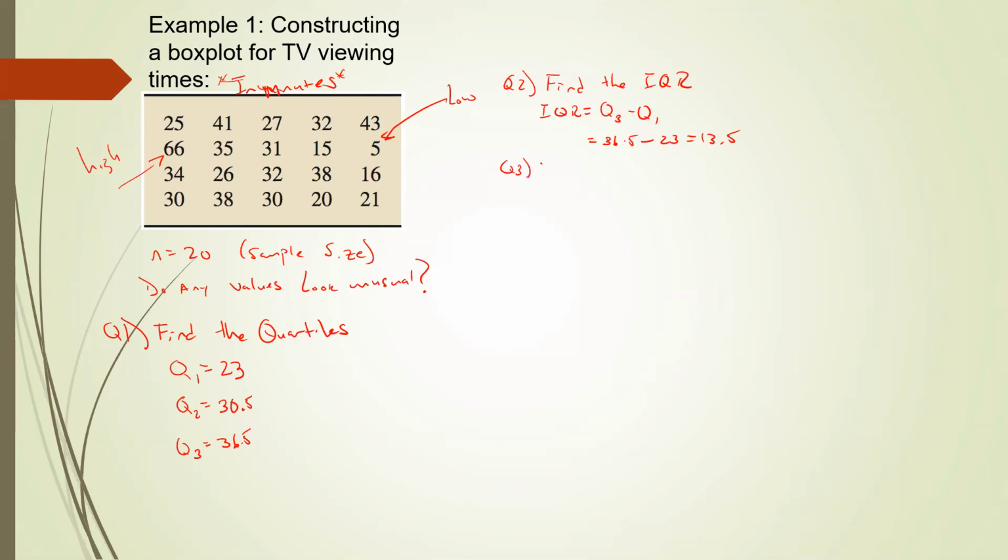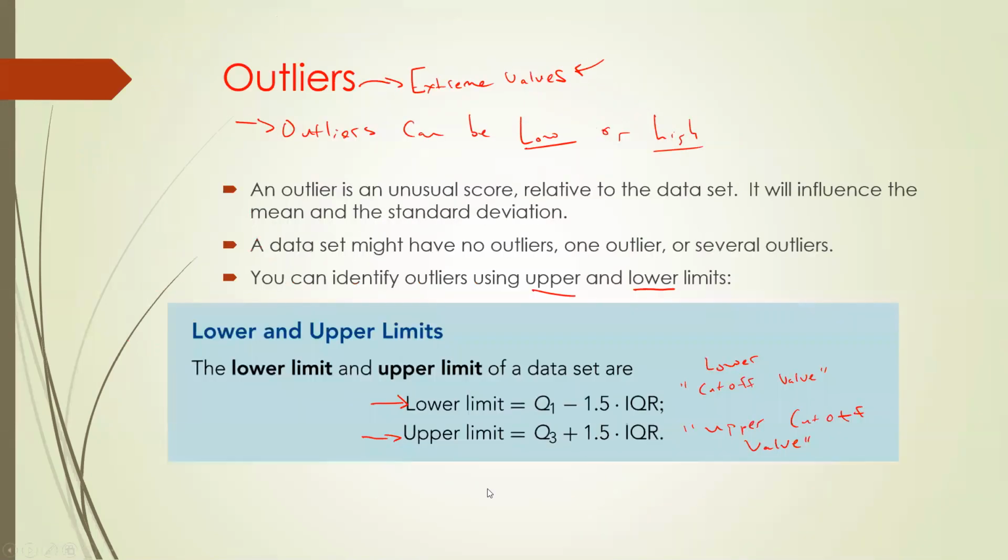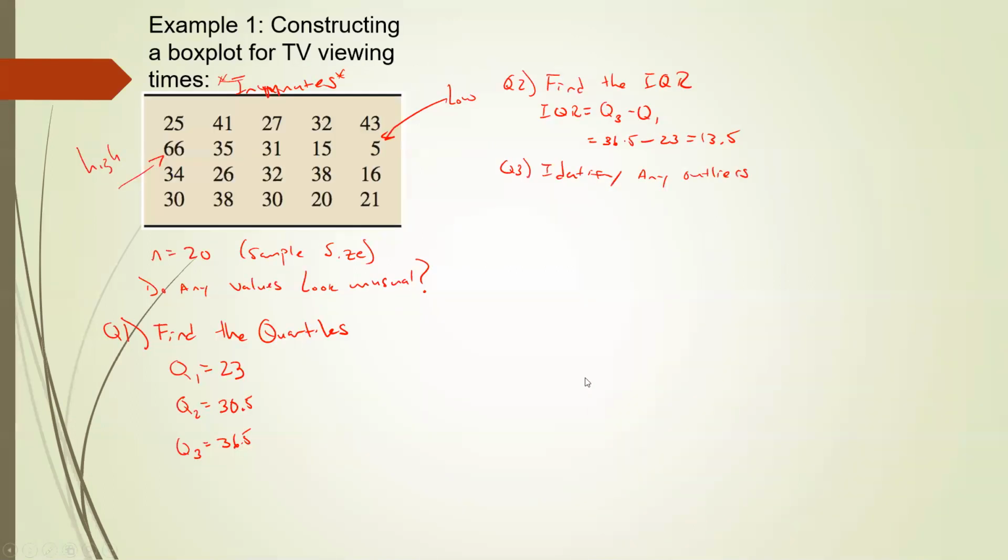Third question. Let's identify any outliers. We have this data set and we think 66 is a high value and 5 is a low value, but we want to exactly identify them as outliers. So you have to calculate these cutoff formulas. You need the lower cutoff, or the lower limit.